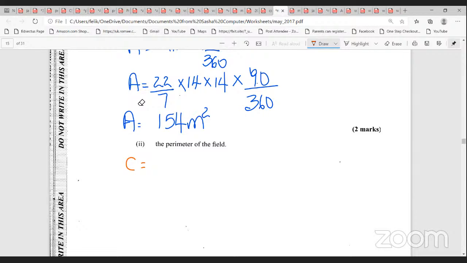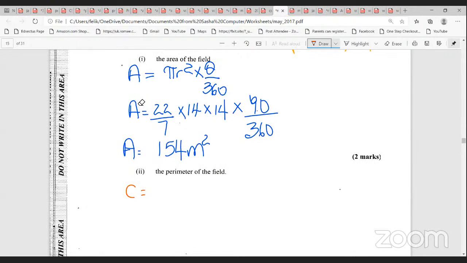Yes, Gabriel, so it's the arc, and yes, Stacy, it's the circumference. All right, good. So what's the formula for finding the circumference of a circle? Pi d.